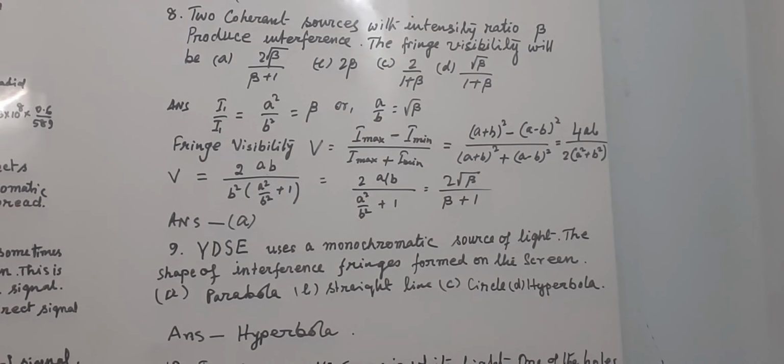Take out B square and we can get the final form: 2 A by B divided by A square by B square plus 1. Put beta for this A by B, because A by B is root under beta, then we can get 2 root under beta over beta plus 1. That will be the choice number D.